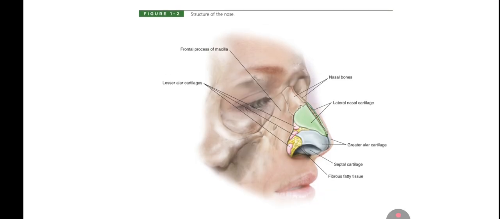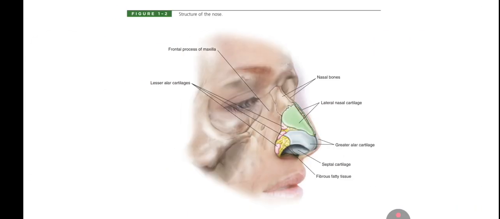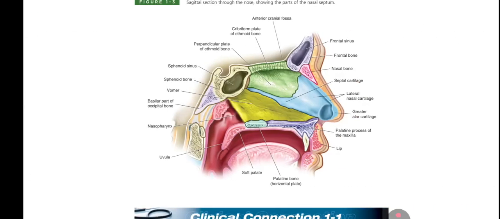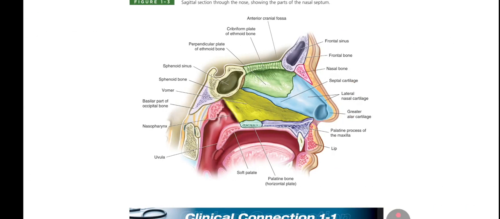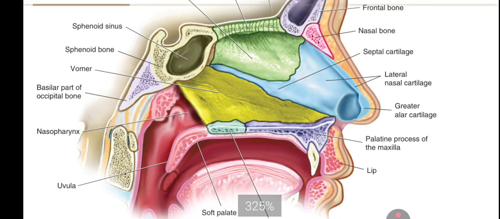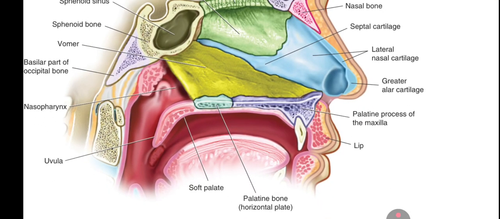I'm kind of confused with this because you will definitely be confused: the frontal process of maxilla is right where? Here we have what we call the palatine process of maxilla.